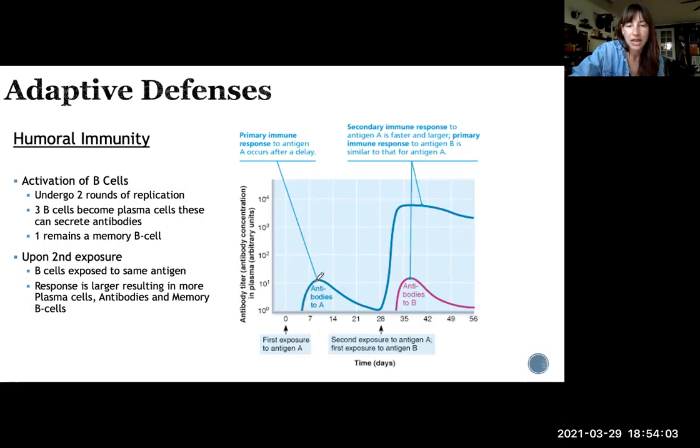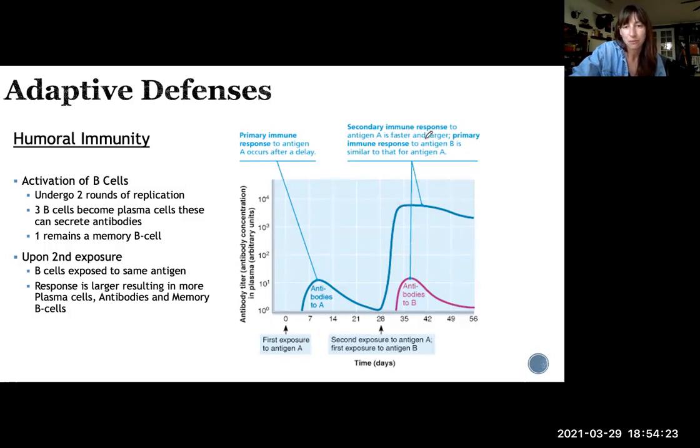You have a response, which is good, but not huge, and then it tapers off. The second exposure, that response time has now been cut down to less than a day, and the response is huge, relatively speaking.